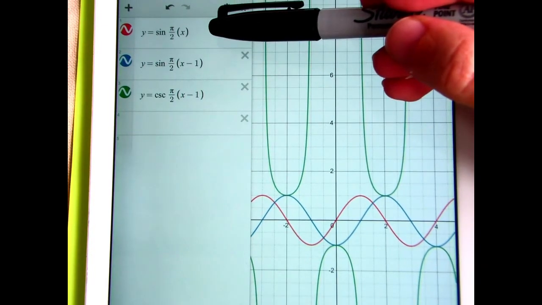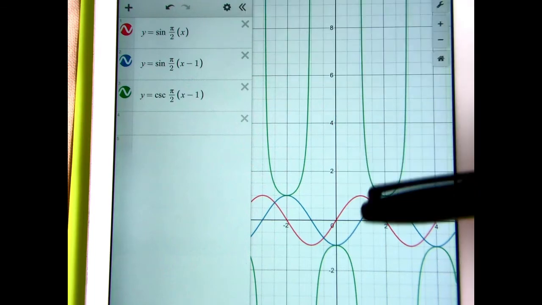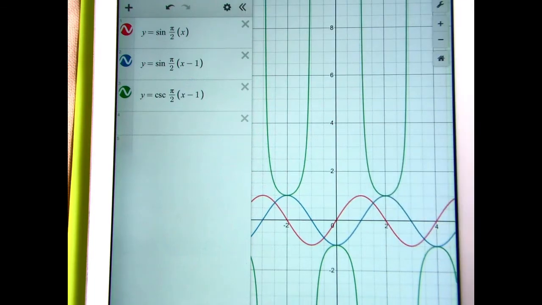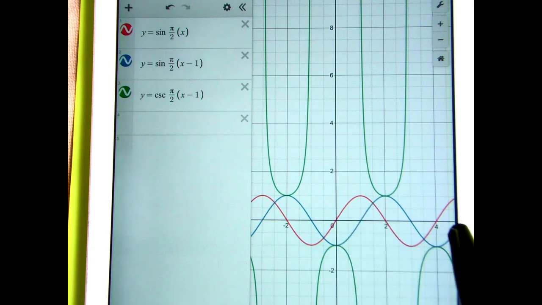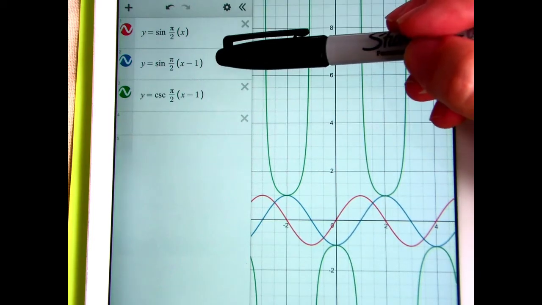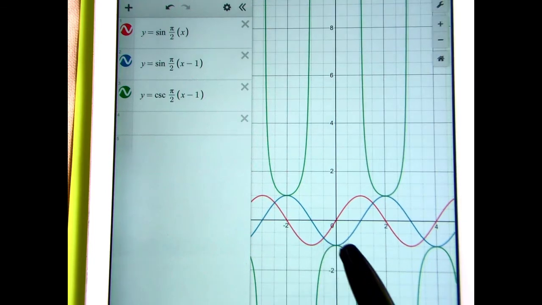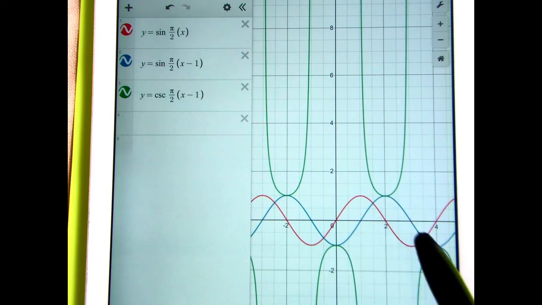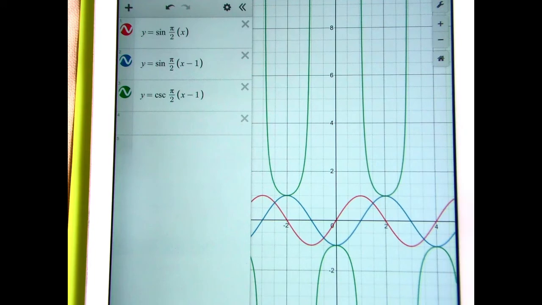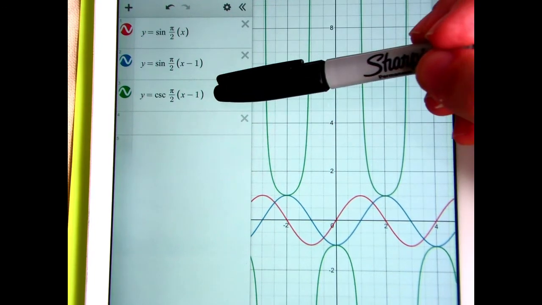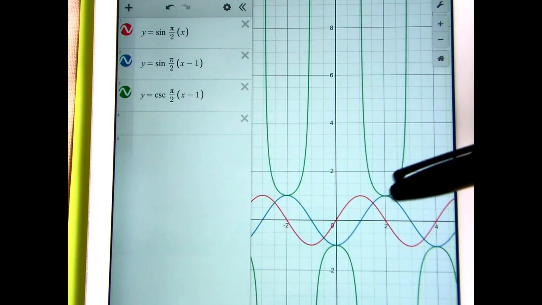And if you notice, sure enough, that period is 4: one full wave over a distance of 4 units. So my period is definitely 4. In blue, I've added in the phase shift, 1 unit right. And then finally in green, I made it into cosecant.